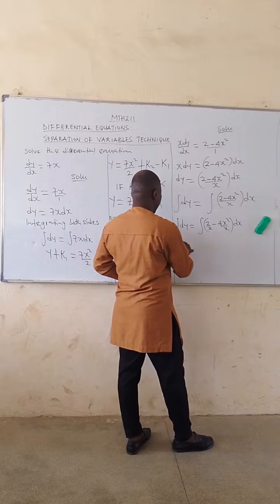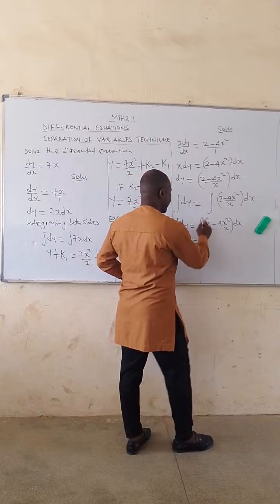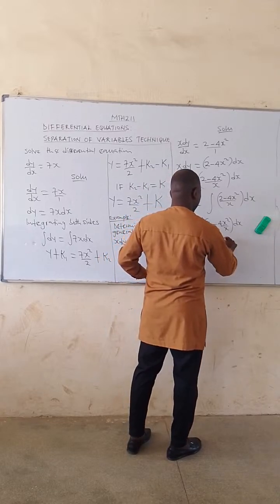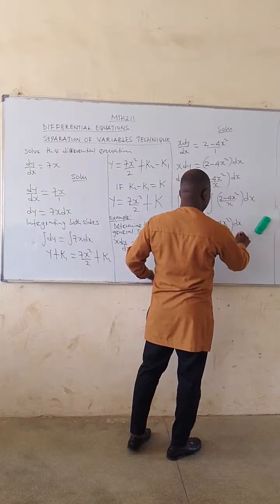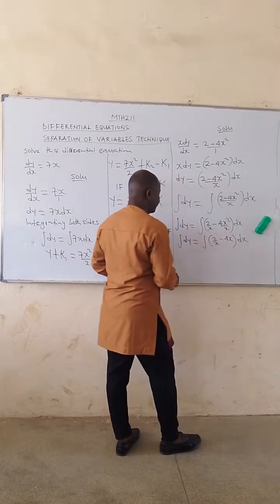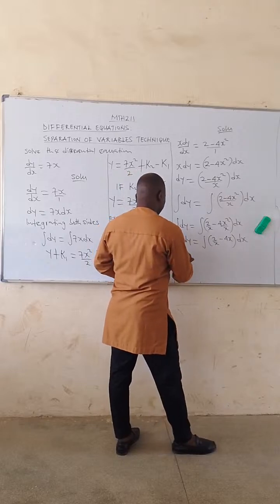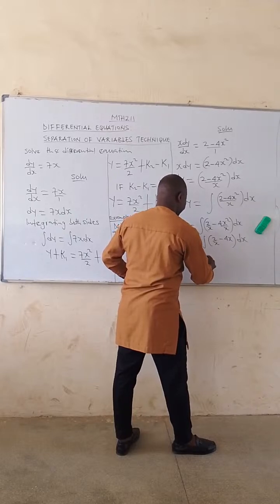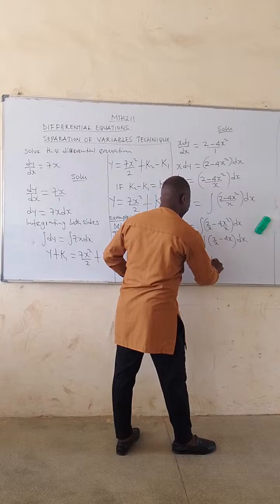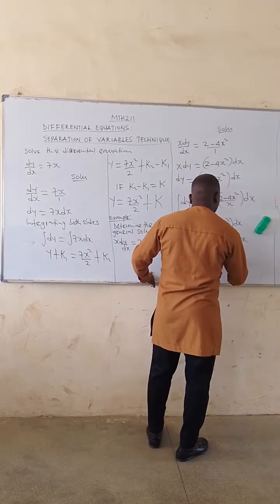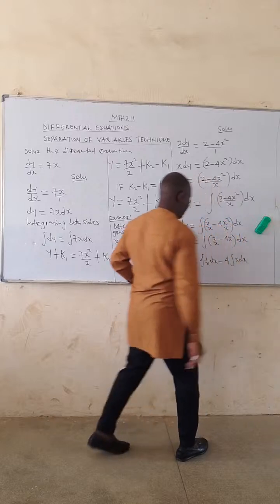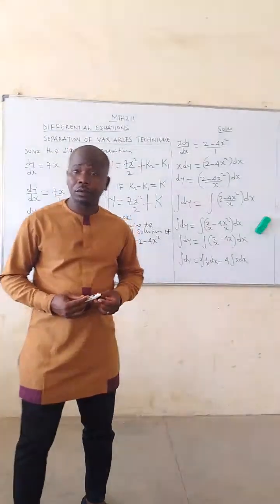This is the same as integral dy is equal to integral of open bracket 2 all over x minus 4x dx. Then this is the same as integral dy is equal to 2 integral 1 all over x dx minus 4 integral x dx. True or false? True.